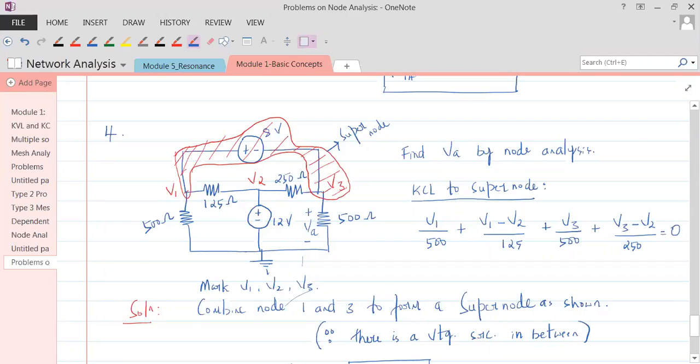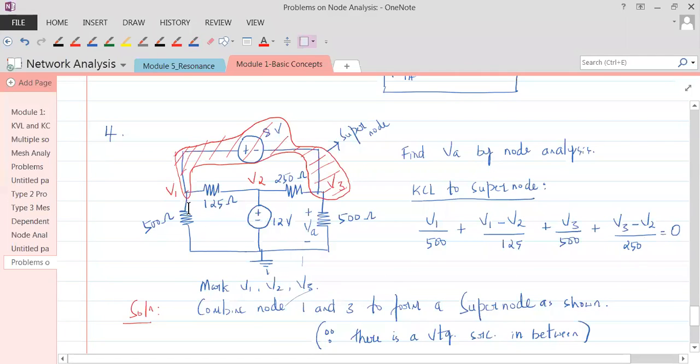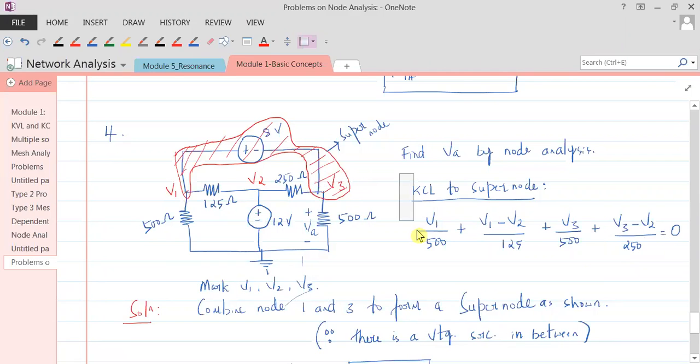Everybody understand what this V1 by 500 is? This is V1 minus V2 by 125. It's V3 minus V2 by 250, V3 by 500. This is how our KCL looks.